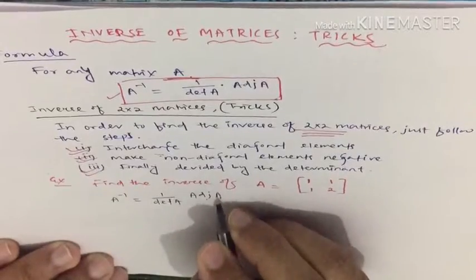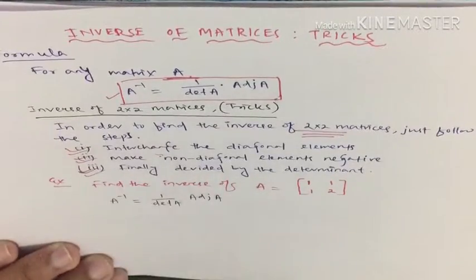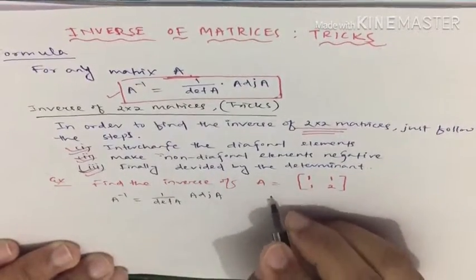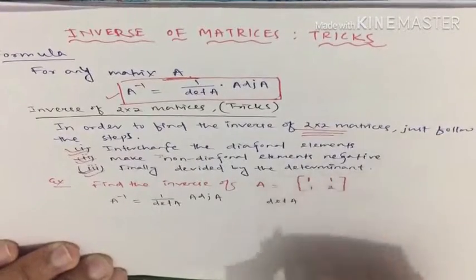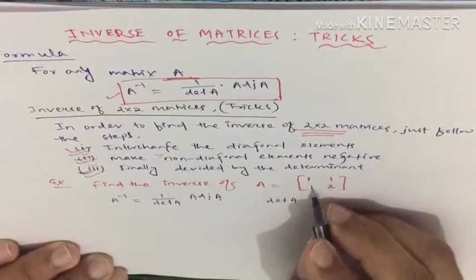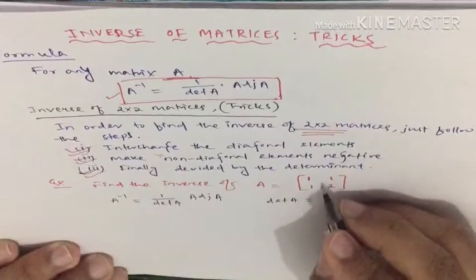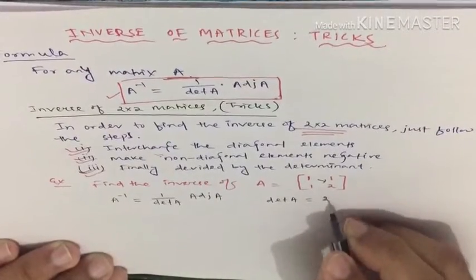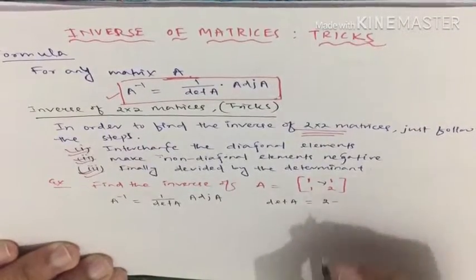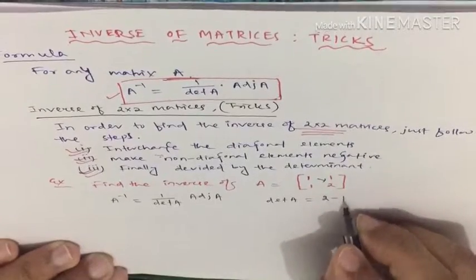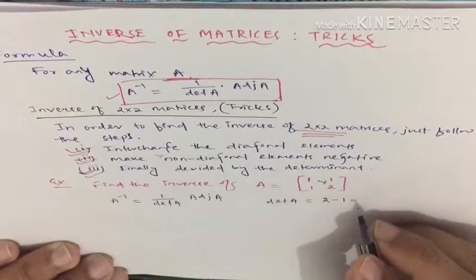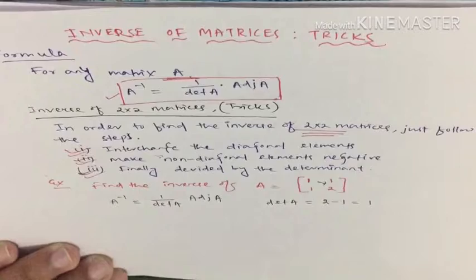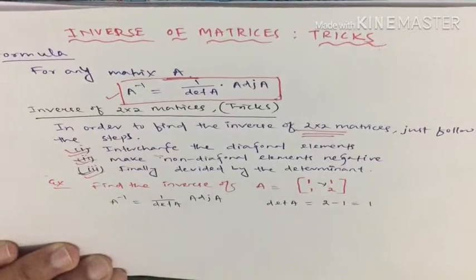So first I calculate the determinant of A. Your matrix is given 1 1 1 2. So what will be the determinant? Just multiply the diagonal elements, 2, minus multiplication of the non-diagonal elements, 1. This is determinant of A equals simply 1. So no need to divide the adjoint of A by the determinant.